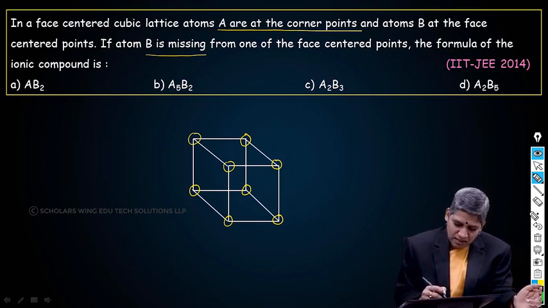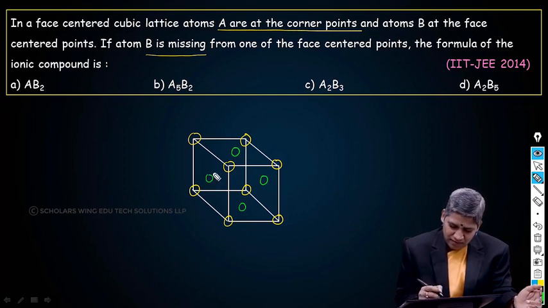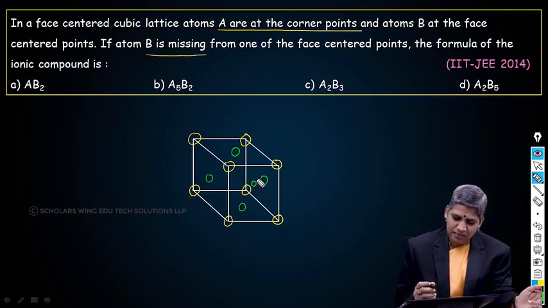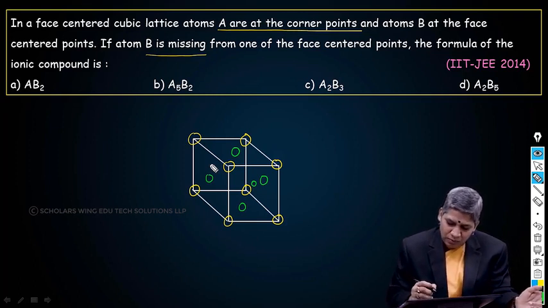Take green. Okay, we'll choose top face, bottom face, the 2 side faces, and the front face. Okay. Back face I have left out. So there are 5.